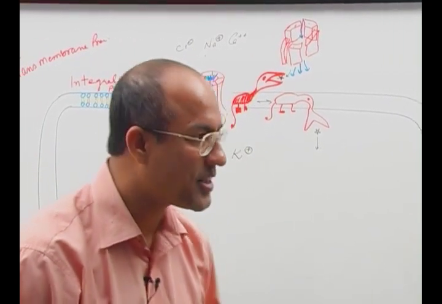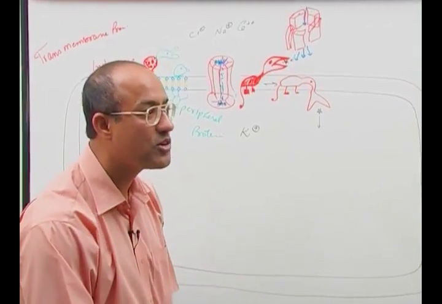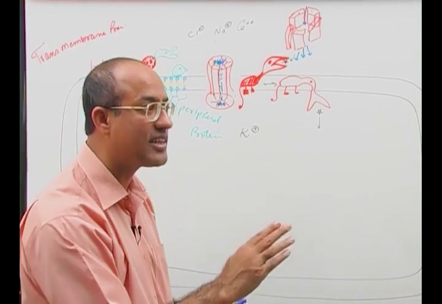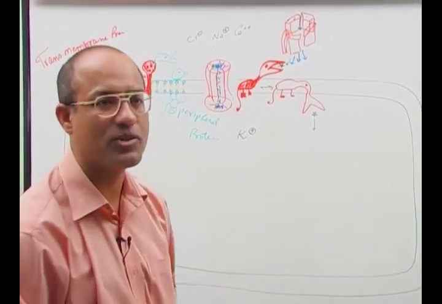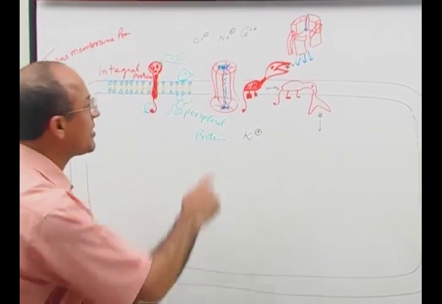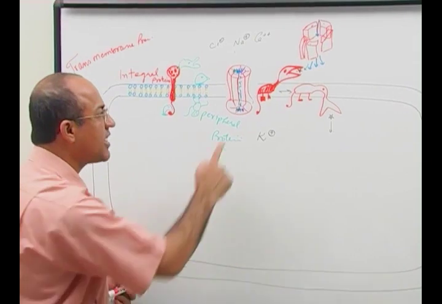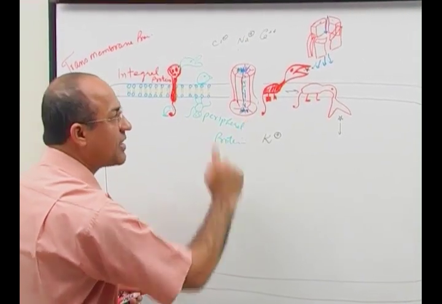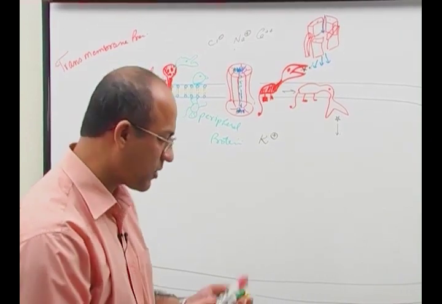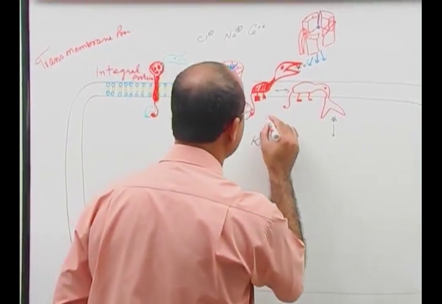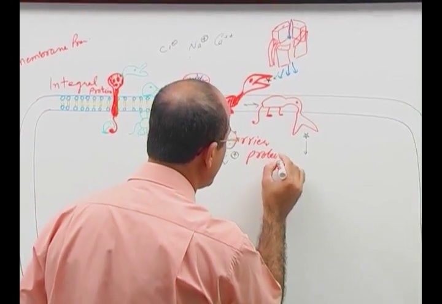Is that right? But they are very specific. Some carriers are only for one substance, and other carriers are only for other substances. They are specific about what they will transfer. So this is the second type of integral protein. Some integral proteins are working as channels, and the other integral proteins are working as carrier proteins.